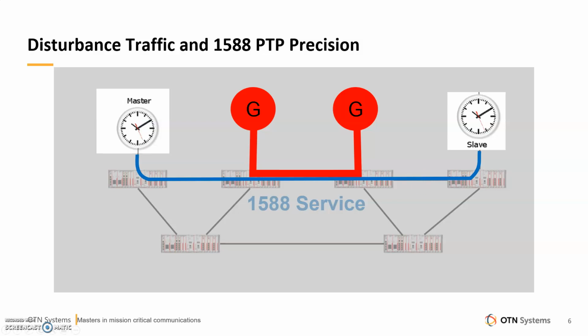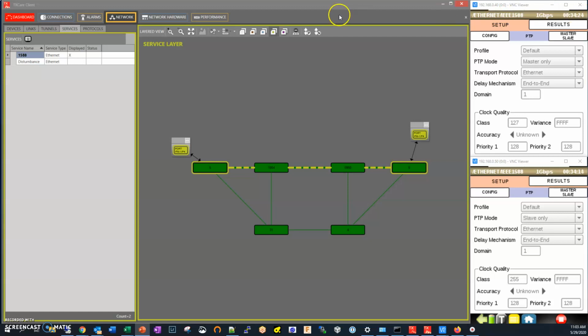Let me go to the live view right now. What you see here is TXCare NMS showing a live view of the Extran network that I have. Highlighted here, the master clock is connected to interface 1 port 4 of node 5, and the view of the master clock is shown here.